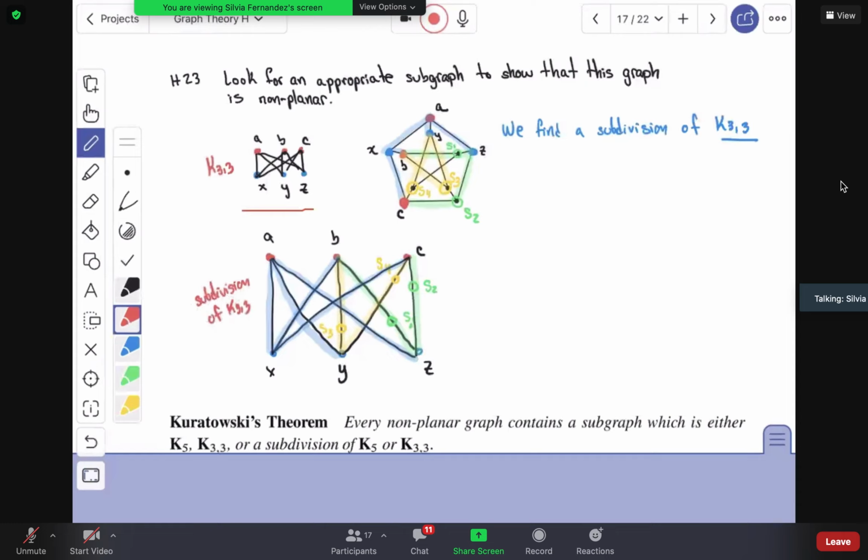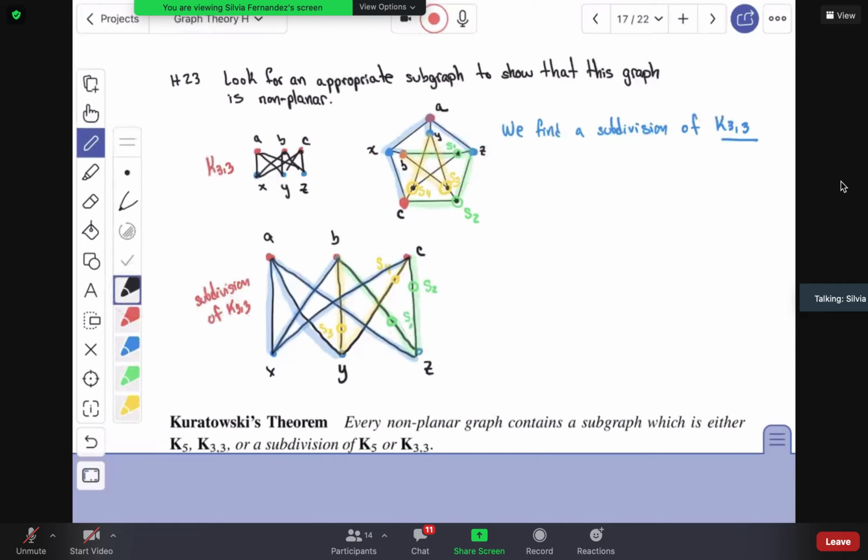So that's the idea: if you have something that looks like K33 inside your original graph, because K33 always has a crossing, then your original graph always has a crossing. Because this looks exactly like K33, although it has a few extra vertices, then this one will always have crossings, and this one is only part of that.